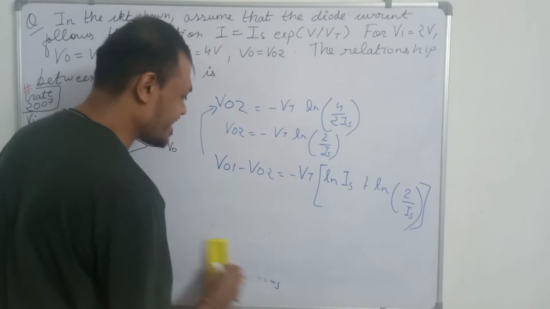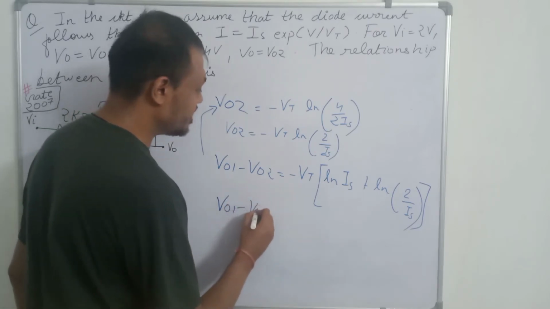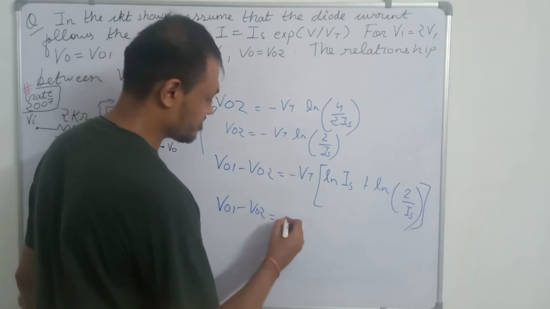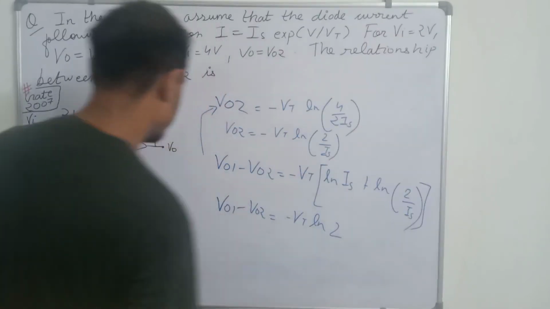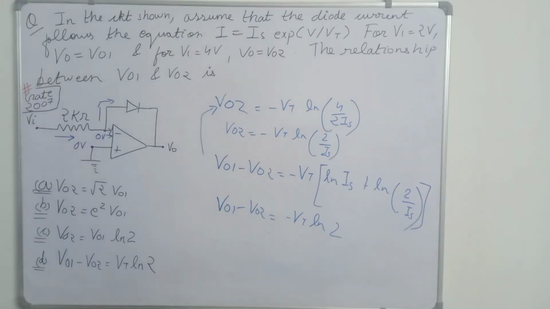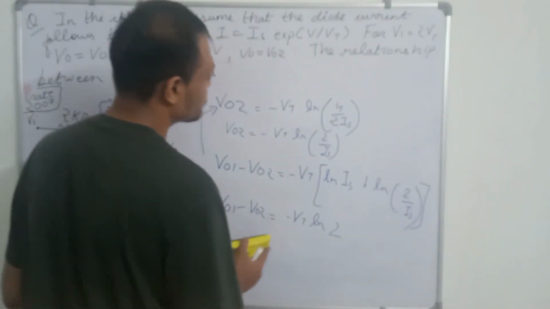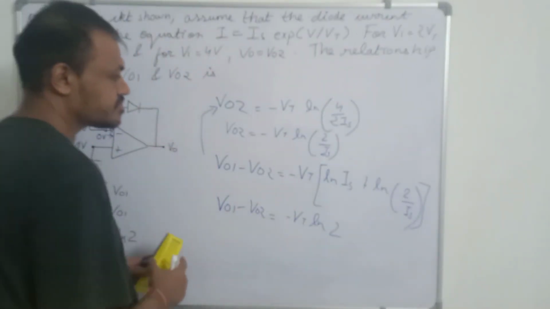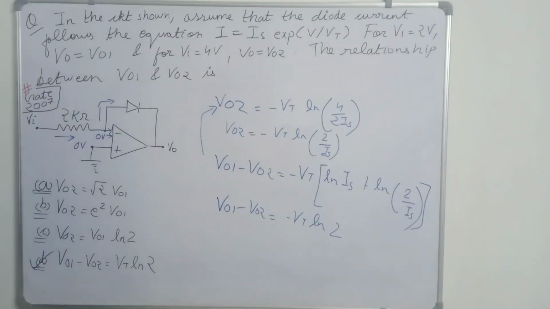So VO1 minus VO2 will be equal to minus Vt ln of 2. So this is the correct answer, that VO1 minus VO2 equal to minus Vt ln of 2. So the correct option is option D. Thank you.